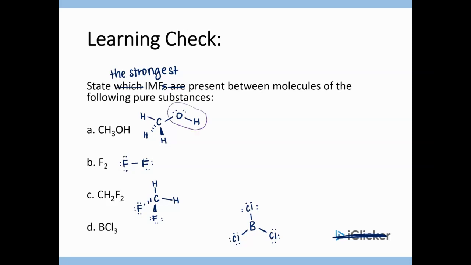This part of the molecule is polar and results in hydrogen bonding. I'll write it out. So if you had a pure sample, this is methanol. If you have a pure sample of methanol, that would have hydrogen bonding interactions between the molecules.